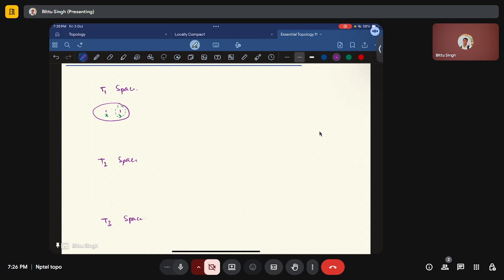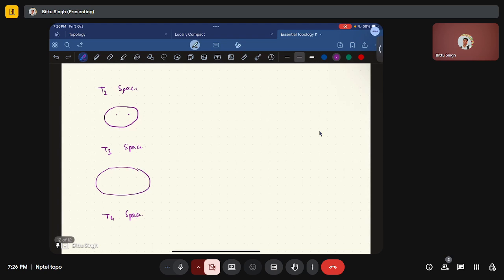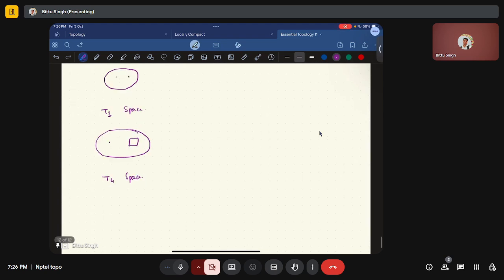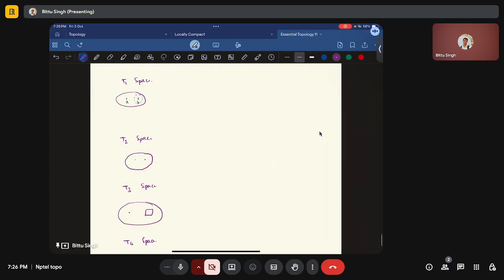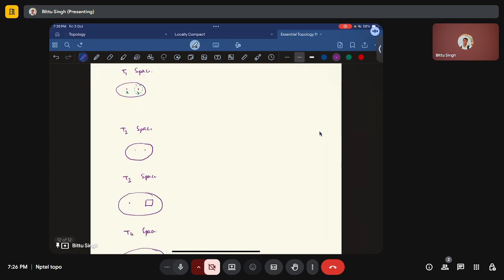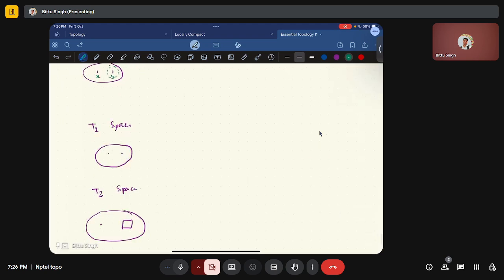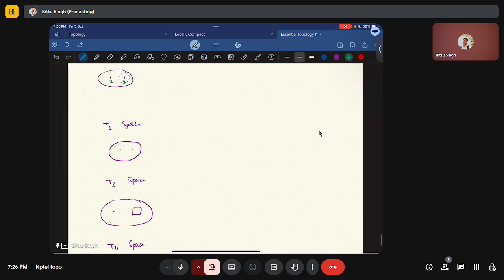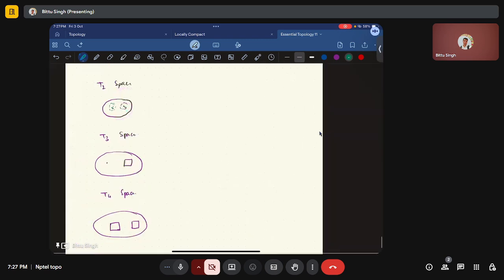Okay. For a T2 space, or Hausdorff space, there should exist two disjoint neighborhoods of x, y which are separating those two points.